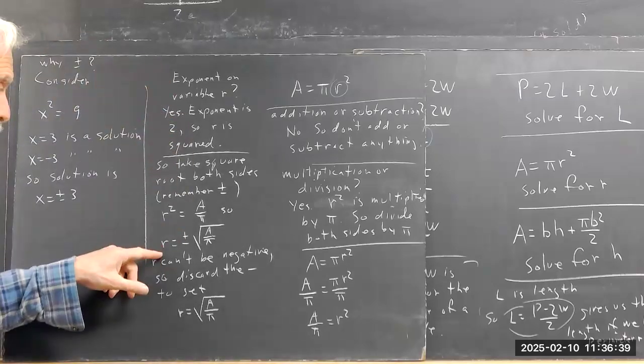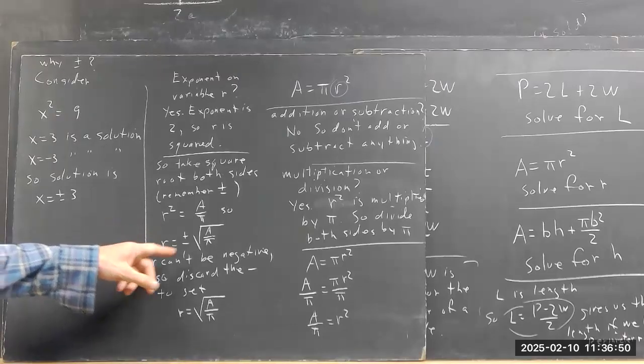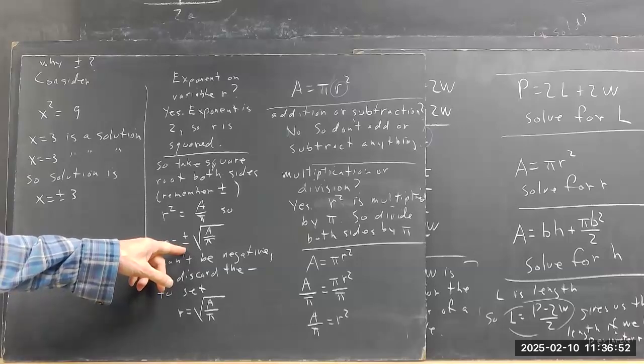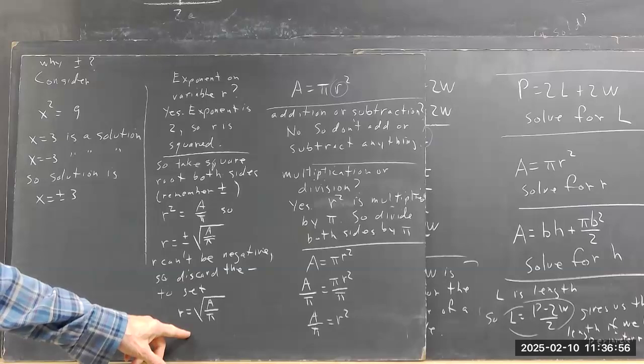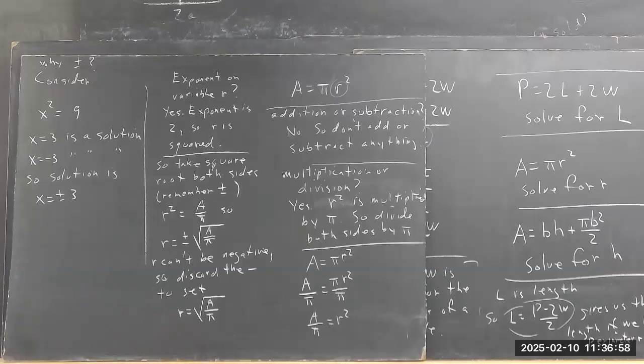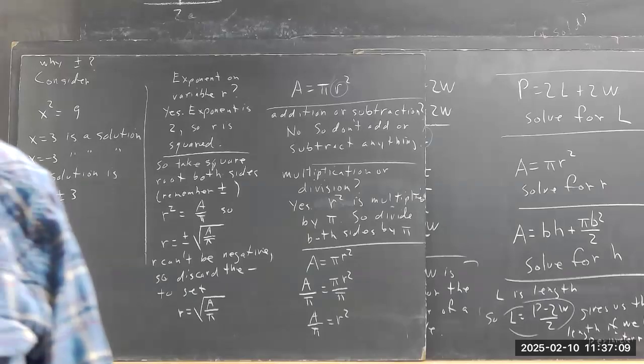In this case, we solved for r and got a plus or minus, but we know that r is a distance and distances aren't negative. So r being negative doesn't make any sense, so we can discard the negative and write this as a solution. But in general, an equation x squared equals 9 has two solutions, one positive, one negative. We always want to write out the positive and the negative.